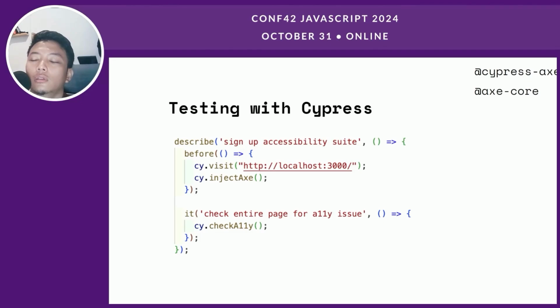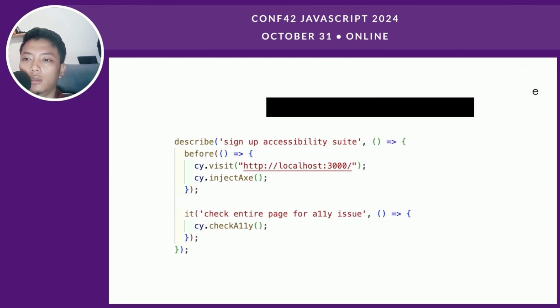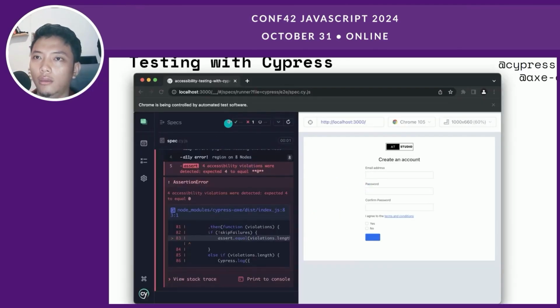Cypress visits your website, injects axe for accessibility, and then checks the entire page for accessibility issues. If there's an error in your website, it will tell you the error itself. Wow, this is cool, right?